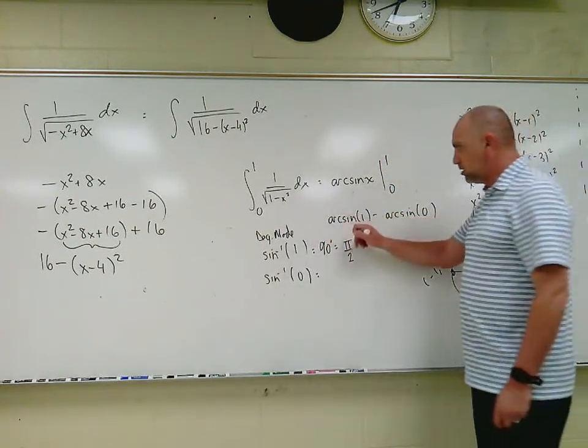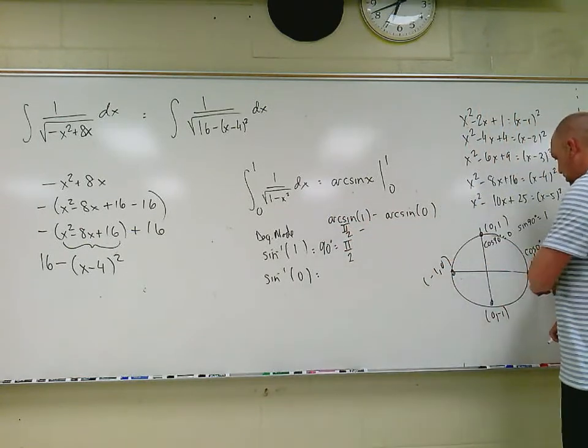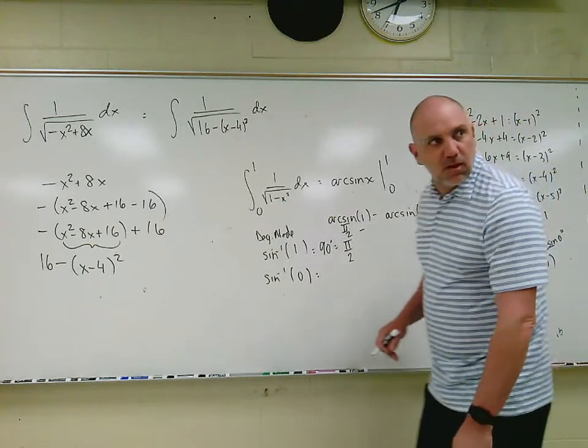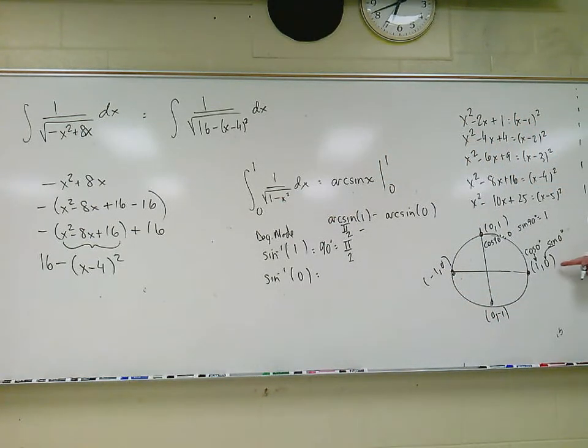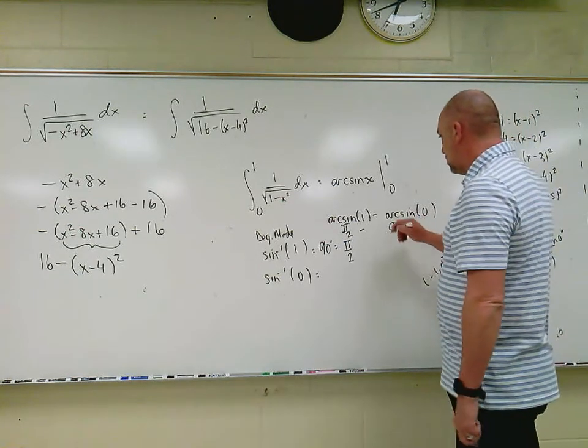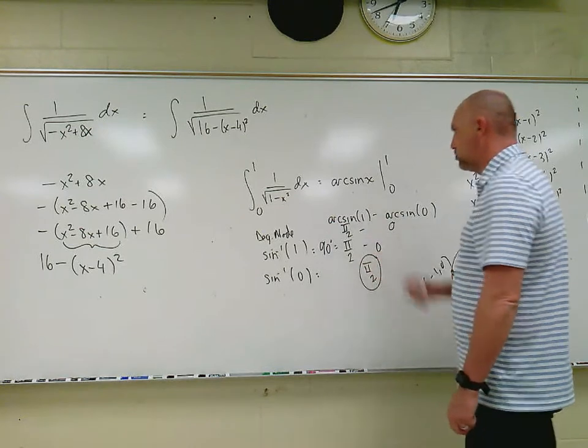So this is pi over 2, minus sine of what angle is 0? I'm working backwards. So this is this 0, so my angle is 0. Pi over 2 minus 0, and we get pi over 2 for the answer.